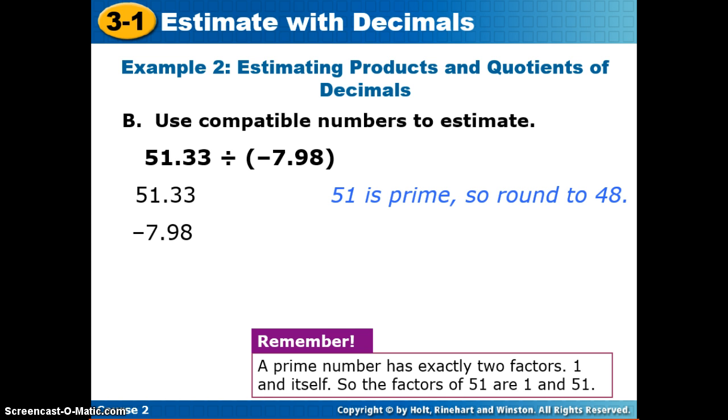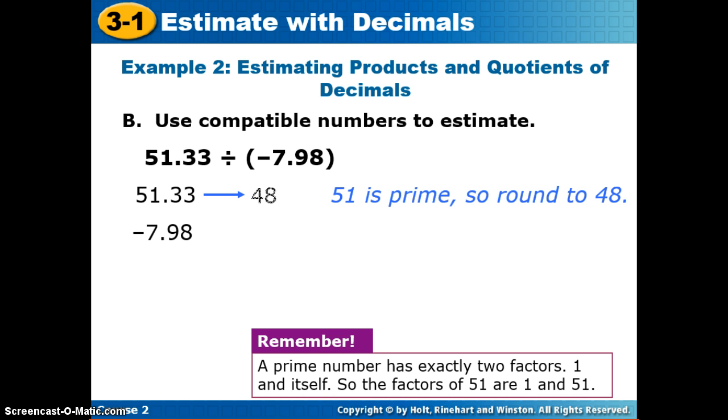I look at the number we're dividing by, which is negative 7.98. You probably want to round that to the nearest whole number, either negative 7 or negative 8. In this case, I would round up to negative 8. But then I would go back to the first number, 51.33, and we want to change that number so that 8 can go into it.